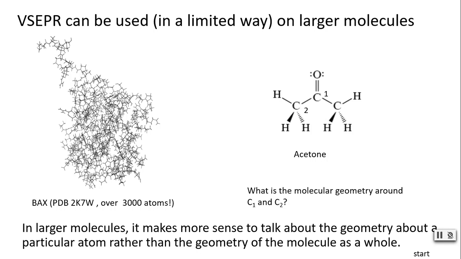In this acetone molecule, I have 3 carbons, and I'm asking you for the molecular geometry, not of the entire molecule, but using a particular carbon, either C1 or C2, as the center atom. Doing that, we can use VSEPR, at least in a limited way, to say something about the geometry of a molecule at a particular center, as opposed to the geometry of the whole.